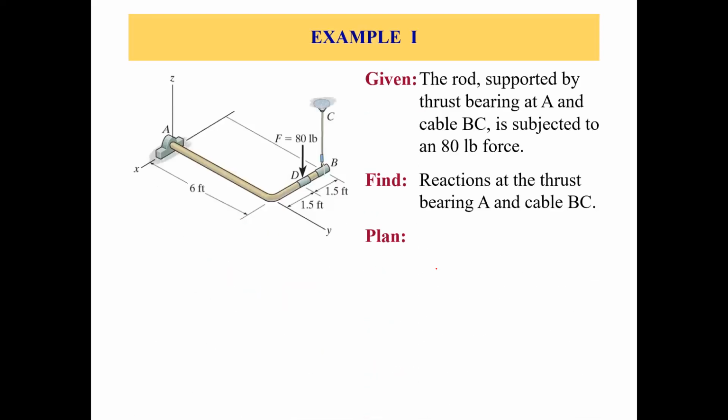Okay, so that was all about the theory. Now let's go over a couple of problems to see how we analyze 3D systems. Problem 1: we have this system where we have a rod supported by a thrust bearing at point A and a cable BC, subjected to an 80 pound force F acting in the negative z direction.